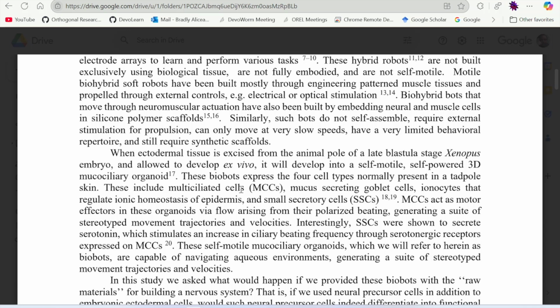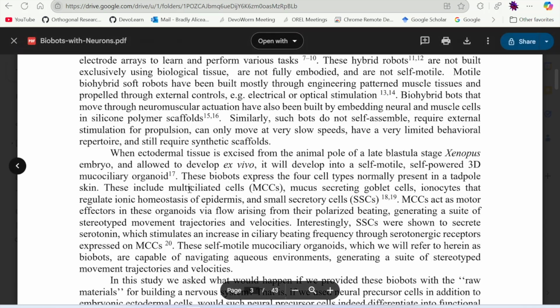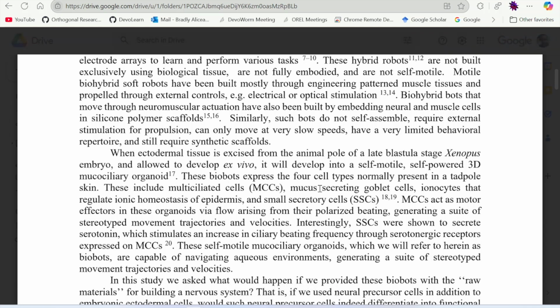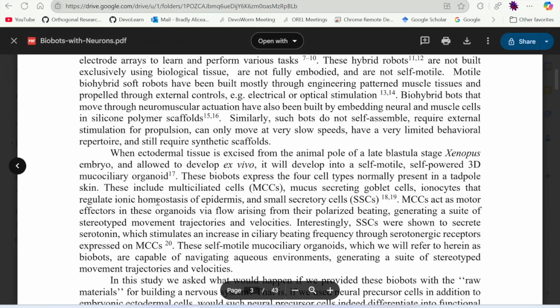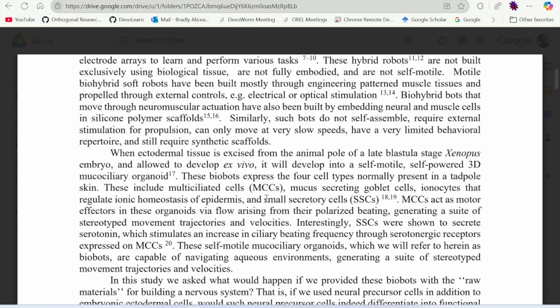We basically have 4 cell types that are normally present in tadpole skin: multiciliated cells, mucus-secreting goblet cells, ionocytes that regulate ionic homeostasis of the epidermis, and small secretory cells.